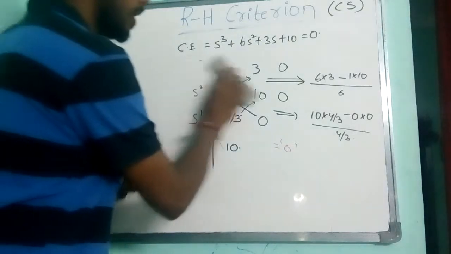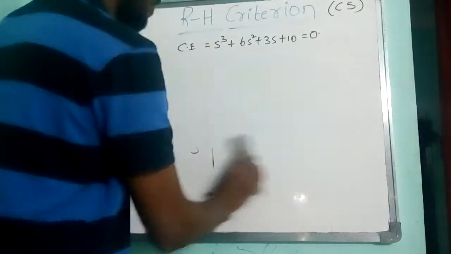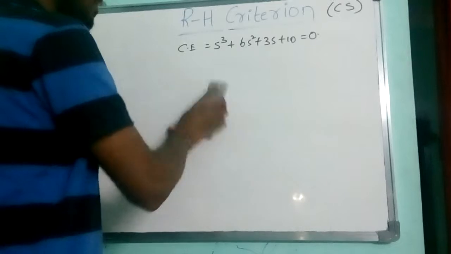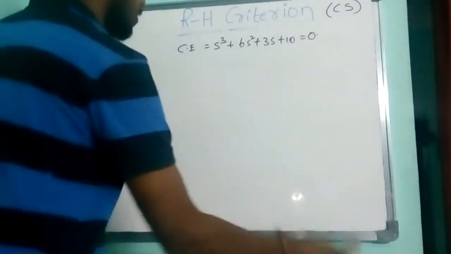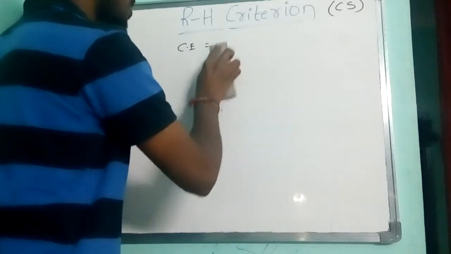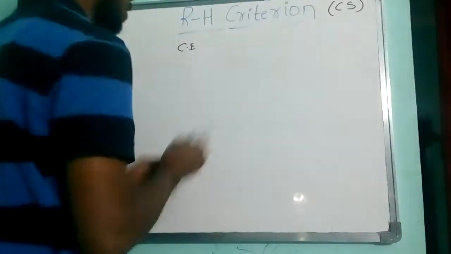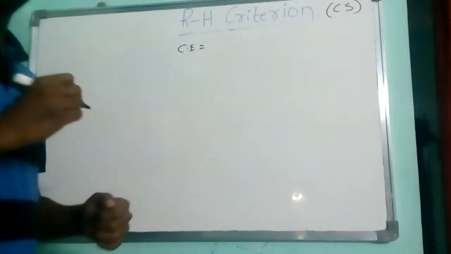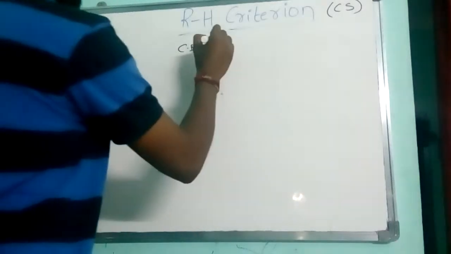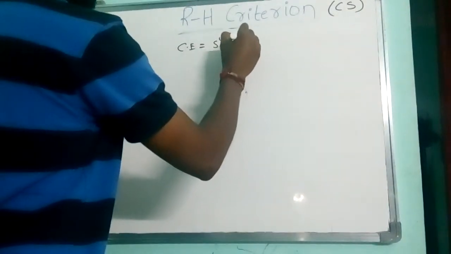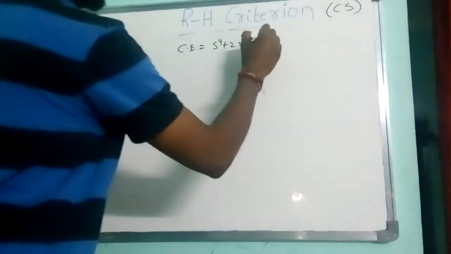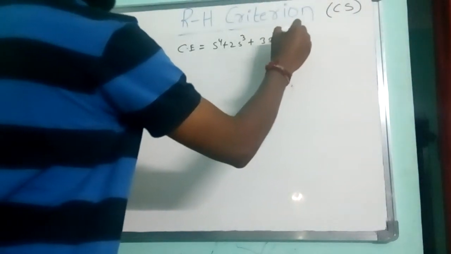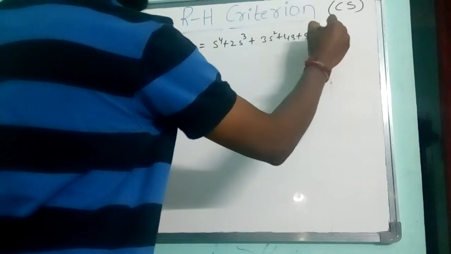Similarly, I'll consider the higher power terms now. We'll solve one problem. They have given this question in the GATE exam: 2s cube plus 3s square plus 4s plus 5 is equal to 0.